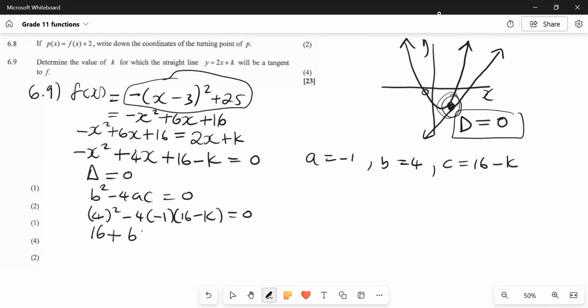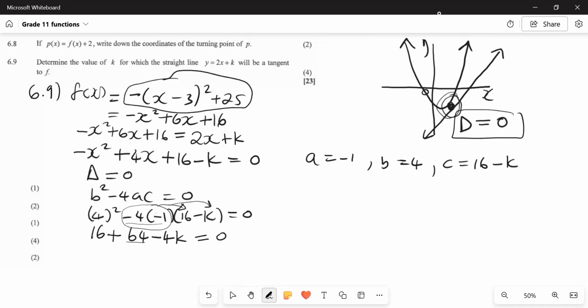So you multiply these two, you get positive 4, and then positive 4 times 16, that's positive 64. And then positive 4 again times negative k, that's negative 4k, then equals 0.